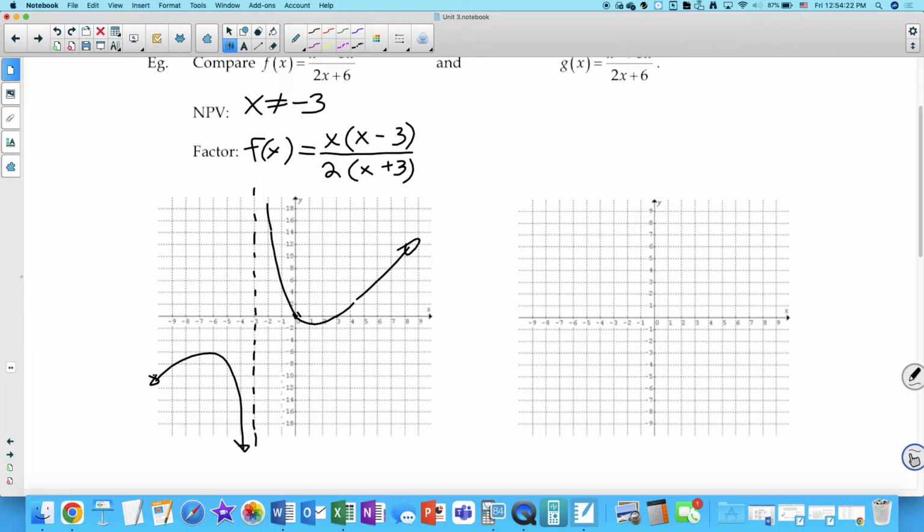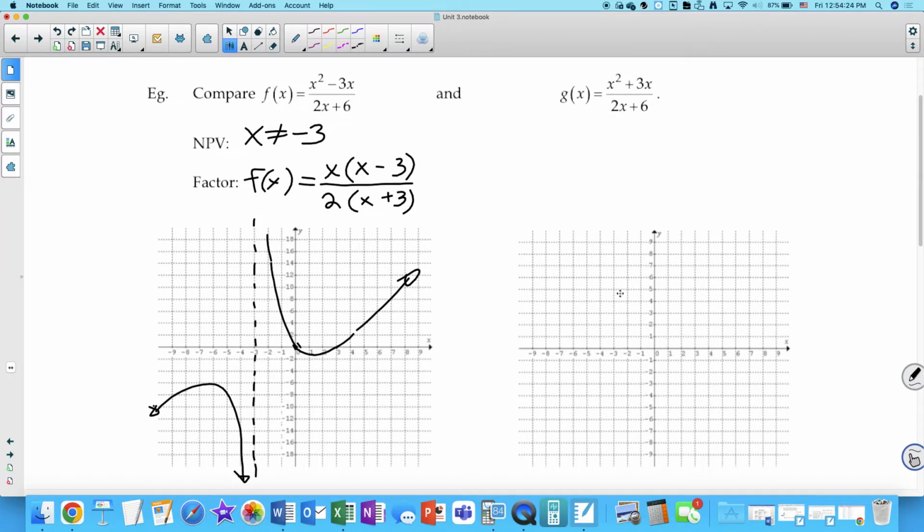Now, compared to this function, if we factor g of x, then there's a GCF of x in the numerator, and we're left with x plus 3. And in the denominator, there's a GCF of 2. Okay, so there's g of x. What's the non-permissible value here?